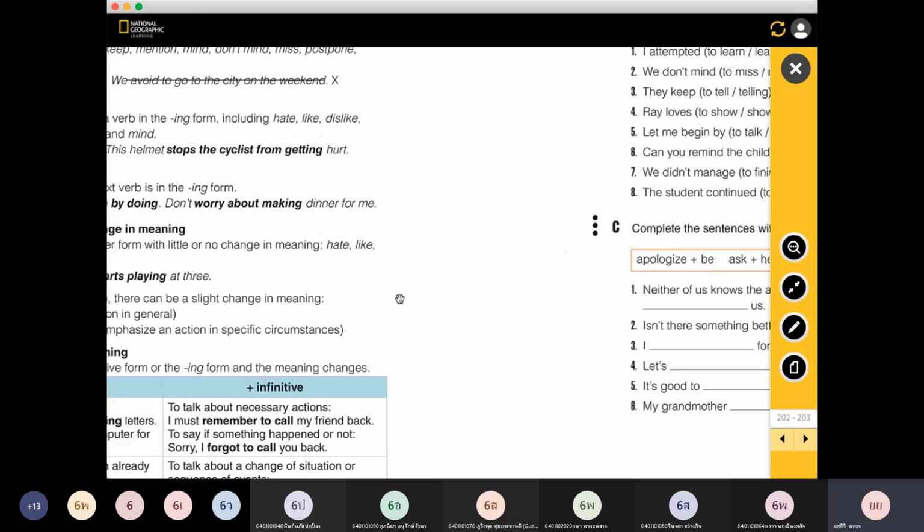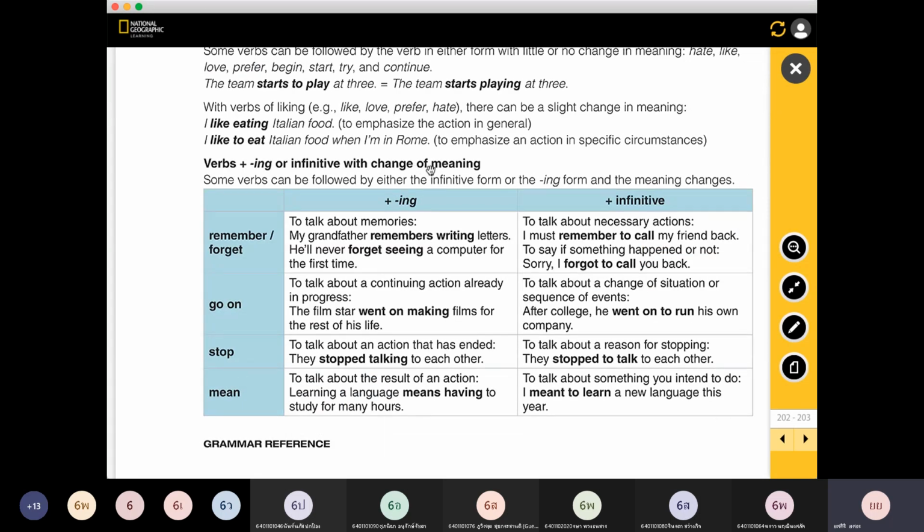Then a chain of meaning. Mainly there are about 4-5 verbs we need to be careful about. Forget and remember: if you use them with gerund, it gives you something about memory in your brain that you can retrieve, but if you use them with infinitive, it's important to do something. With -ing it's about memory in general, but the infinitive is about specific actions.